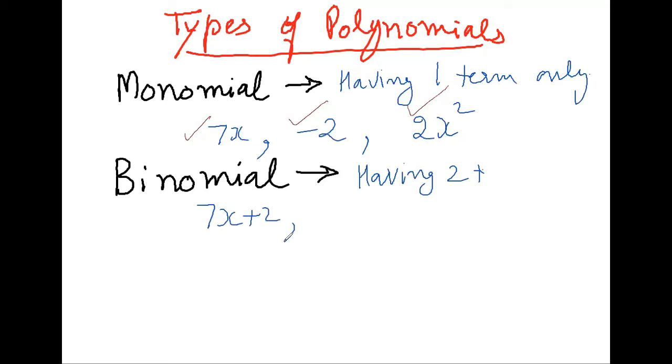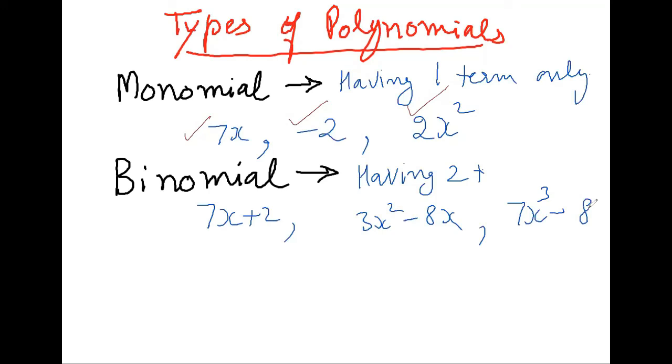For example, 3x square minus 8x, here also there are two terms, so this is a binomial. Let us take one more example, 7x³ minus 8, this is also a binomial.